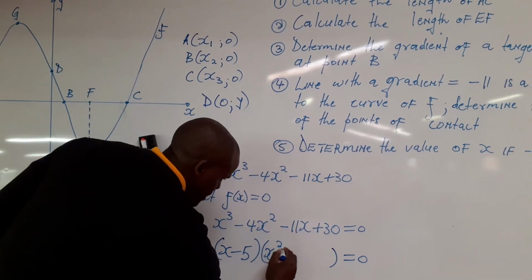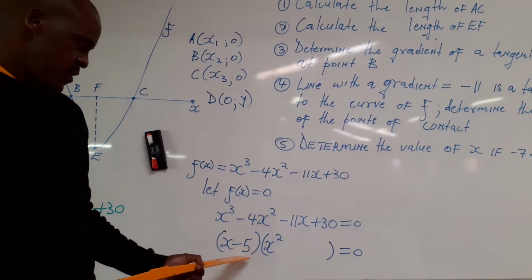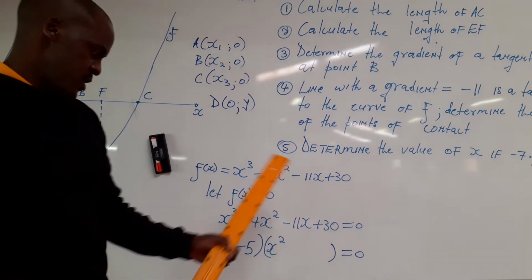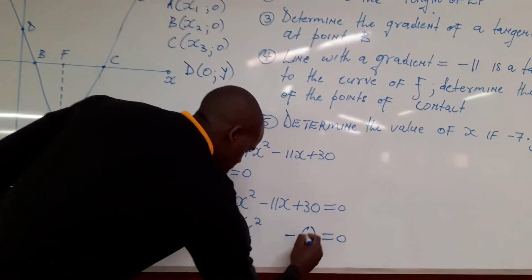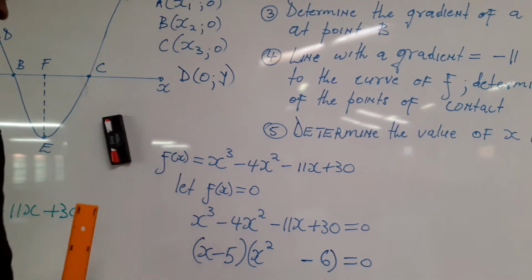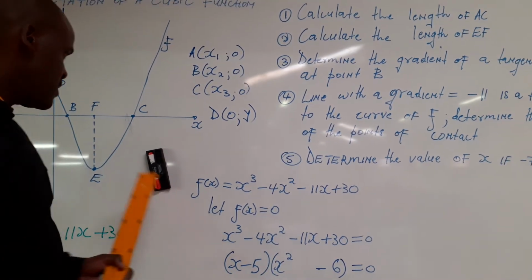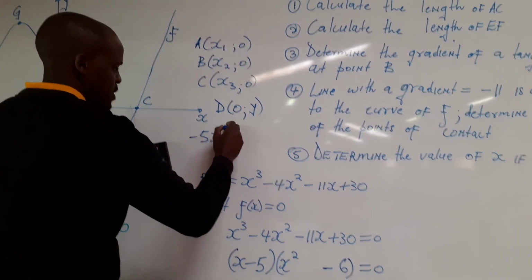It's x squared, and then 5 times a number gives 30, therefore that number must be negative 6. 5 times x squared gives negative 5x squared.